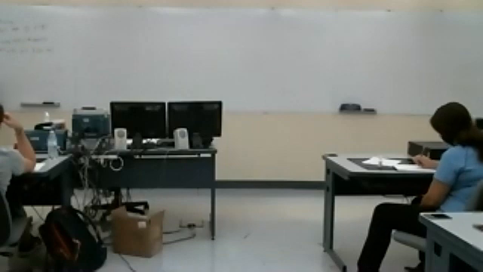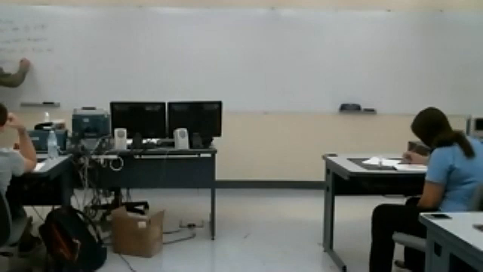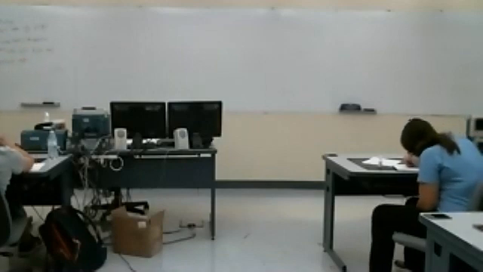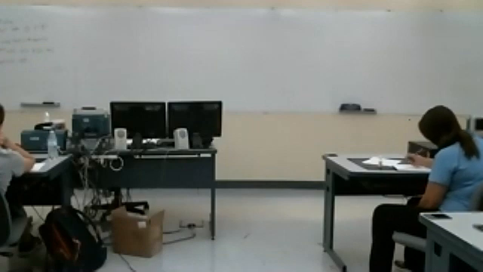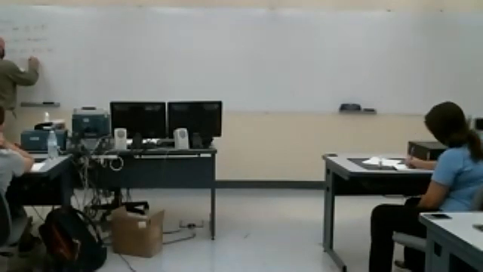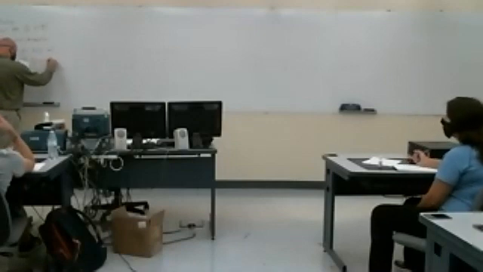Now this is multiplying by a complex exponential. Writing cosine using Euler's formula as 1/2 e to the plus j omega 0 t plus 1/2 e to the minus j omega 0 t gives you this.